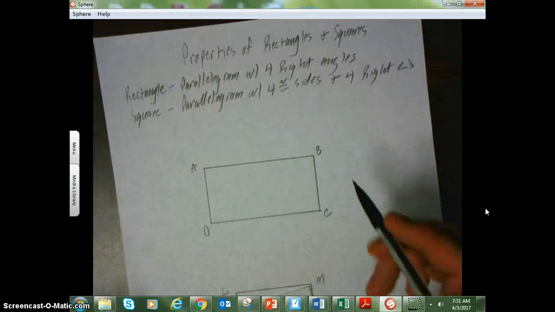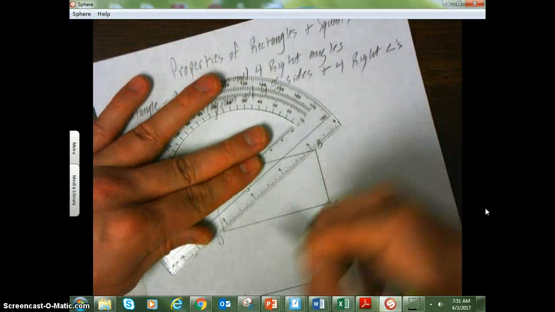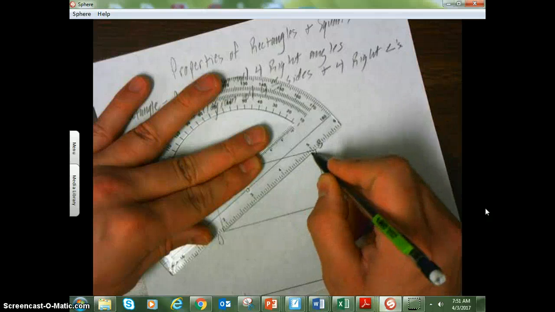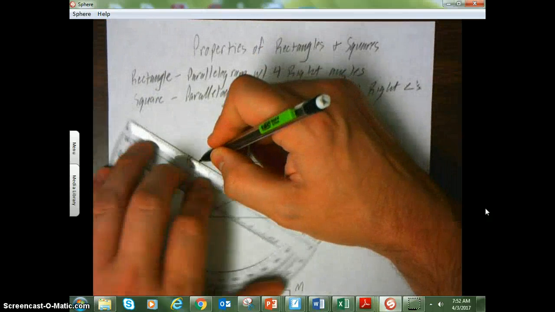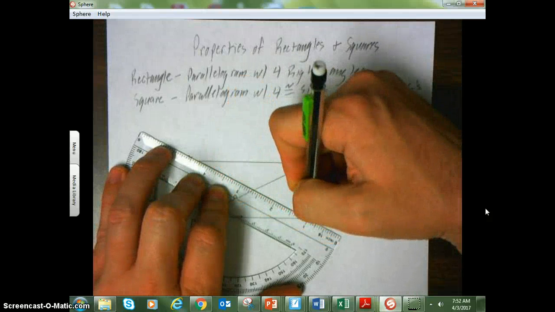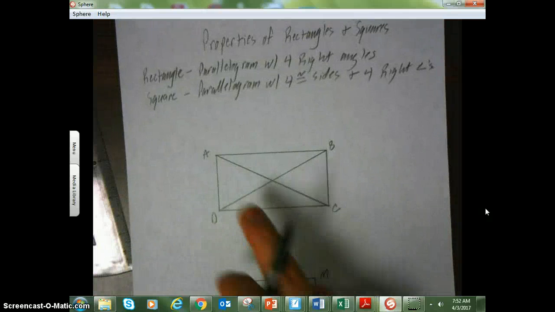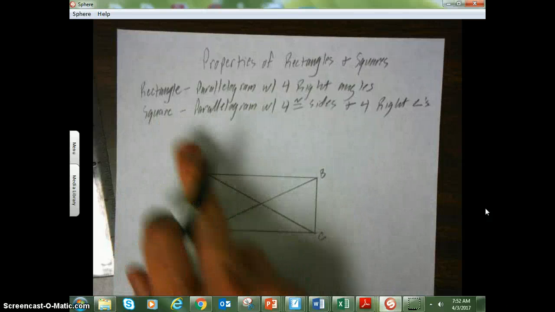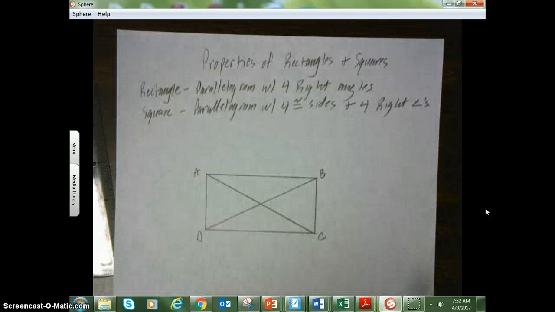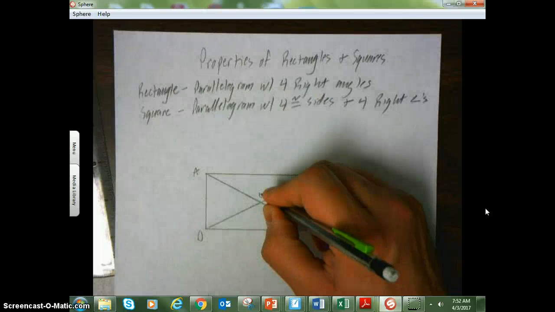Now what I'm going to do is take my straight edge and draw in the two diagonals AC and BD. Now, one of the characteristics that we saw about a rhombus in a previous video is that the diagonals were perpendicular to each other. Well, clearly, I don't have to measure those to say that in this case these diagonals are not perpendicular to each other.